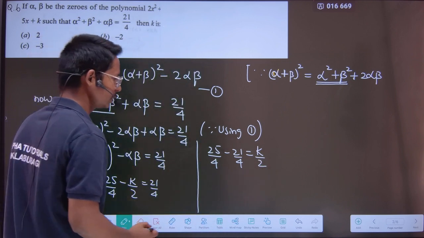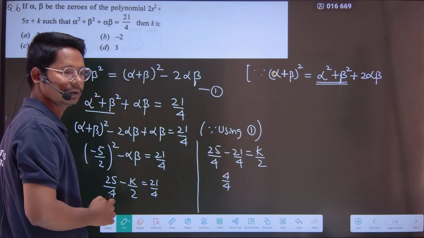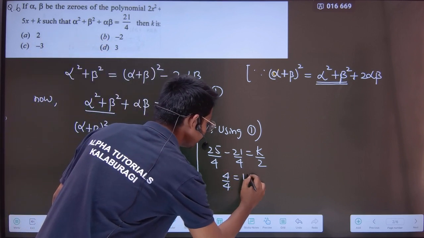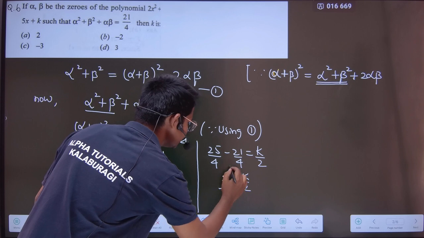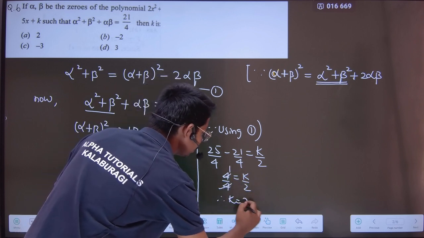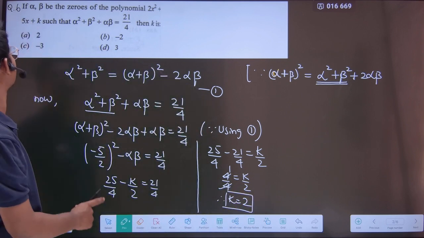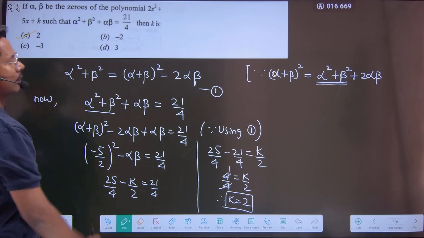Like fractions, 25 minus 21 is 4, so 4 by 4 equal to k by 2. Cross multiply, 1 into 2, you will get k as 2, k value 2. So the option again is A.